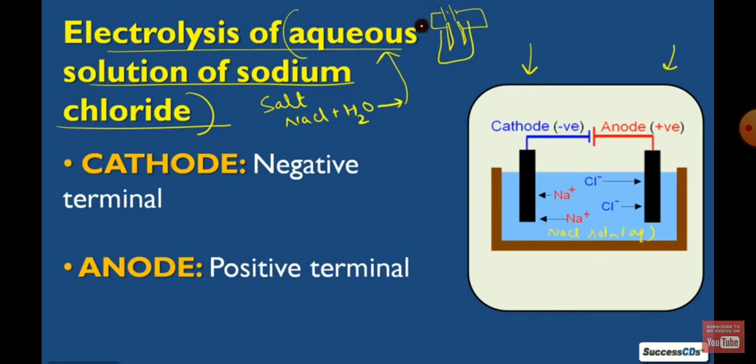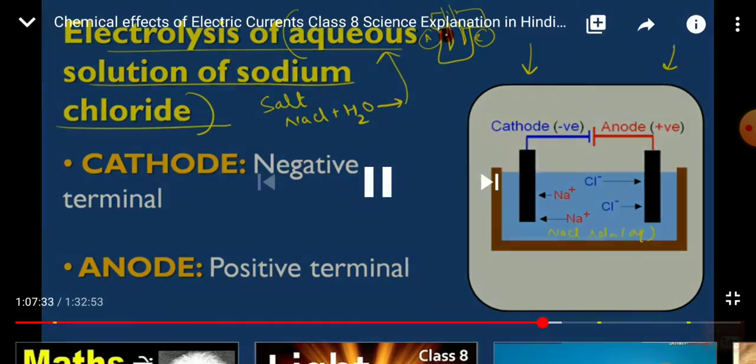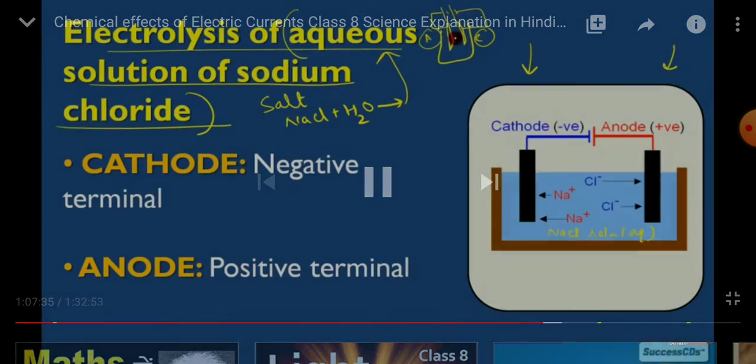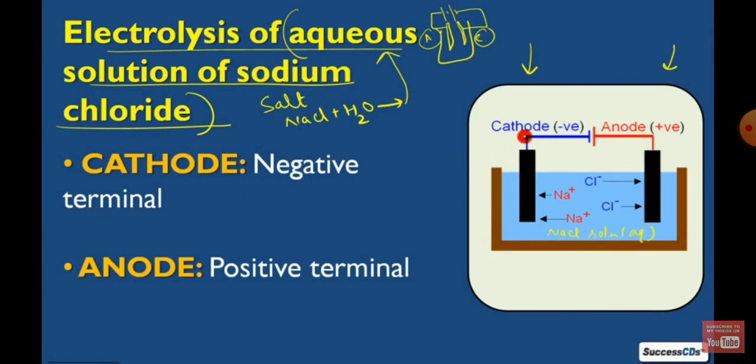You have to remember this. Again I am telling you, when the current starts flowing through this cell, then what happens? You have taken the NaCl solution, that is, the sodium chloride solution.